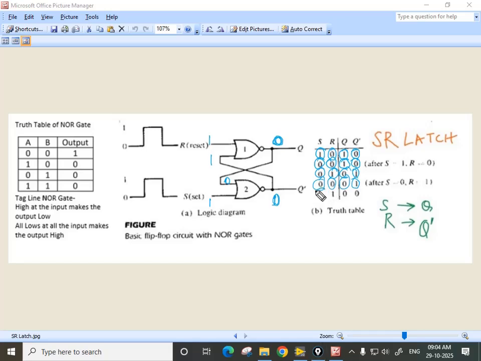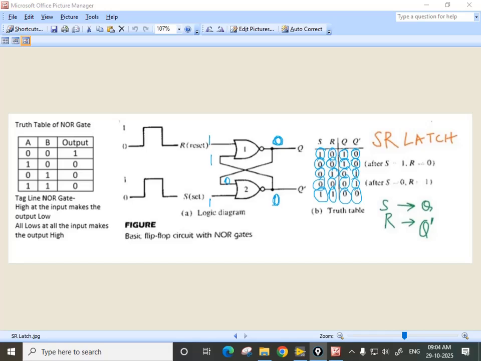So we have this condition, both S equal to 1, R equal to 1, we have 0 0. So that comes to the end of this, and let's see the crux of the story now.